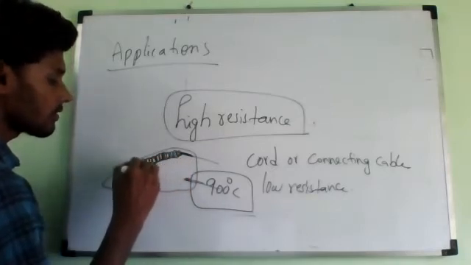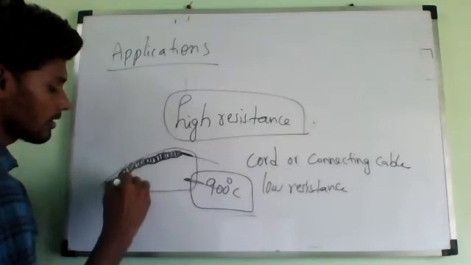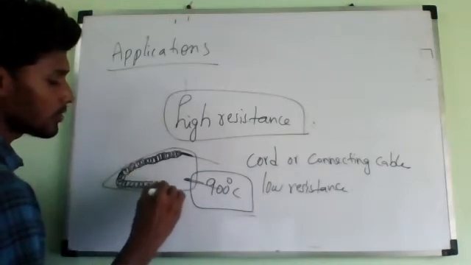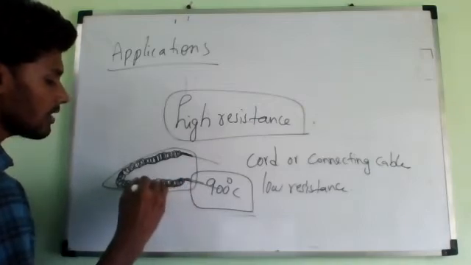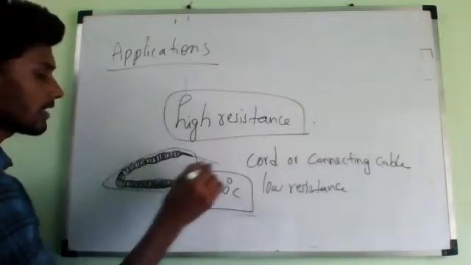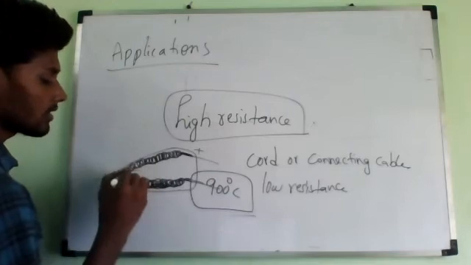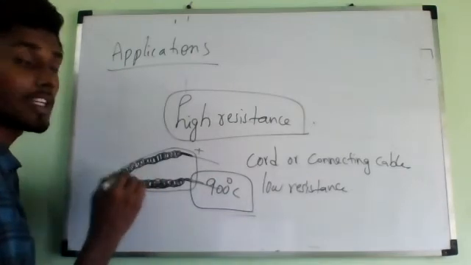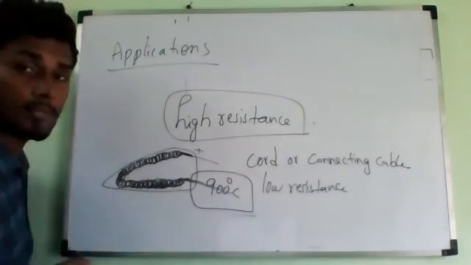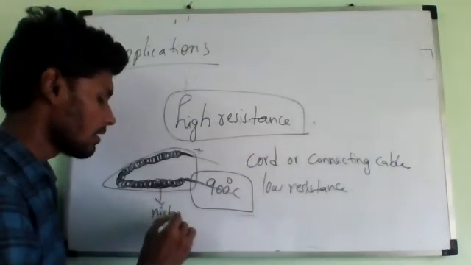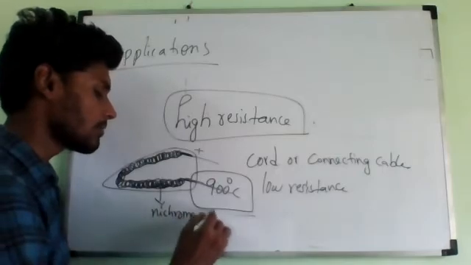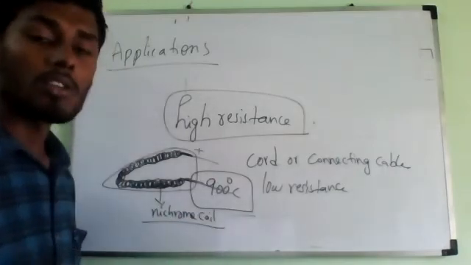It will produce most of the heat energy. Here the electrical energy comes and is converted into heat energy. Understand? So this is the nichrome coil. Basically it is made up of nichrome. Okay, so this is the first one.